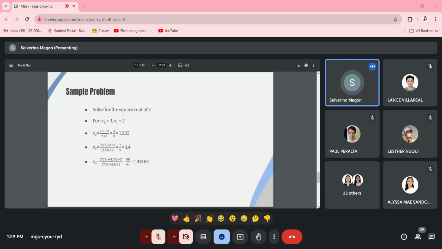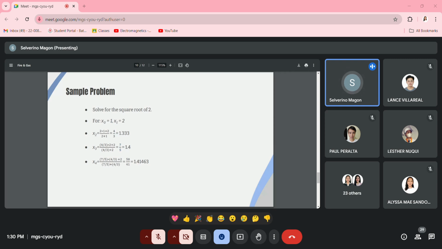And the second iteration will be using the value of 4/3 and 2 right here. So we'll be using the value of x2 and x1 for x3, and so we have 7/5. For the third iteration, to solve for the value of x4, we'll be using the value of x3 and x2, the 7/5 from here and the 4/3 from here.